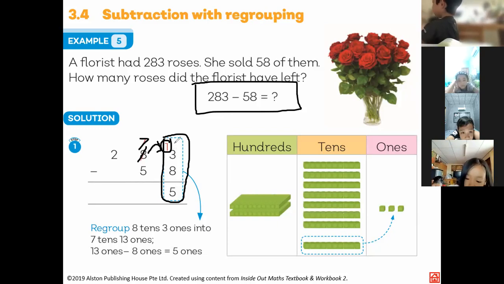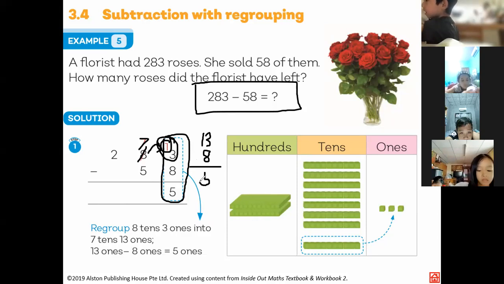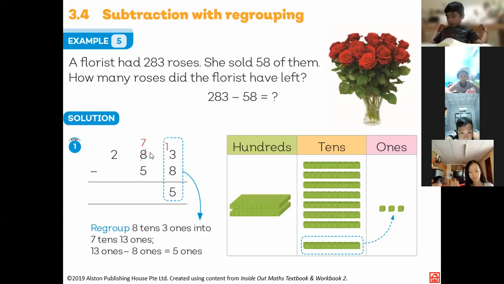And since we borrow 1 from here, 3 will become 13. So now we have 13 minus 8. So that's 5, okay? So that's step number 1.